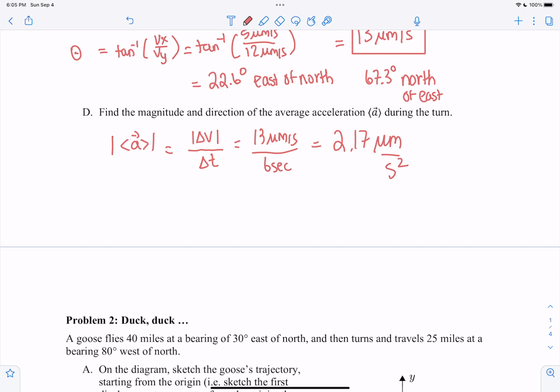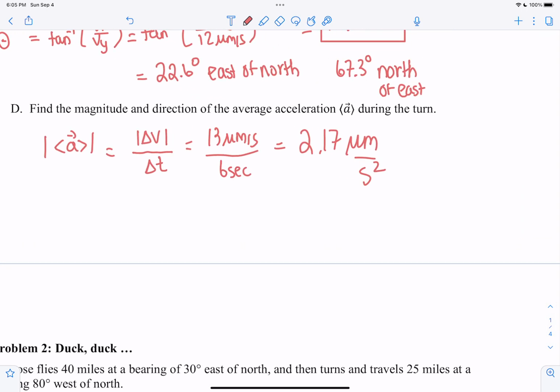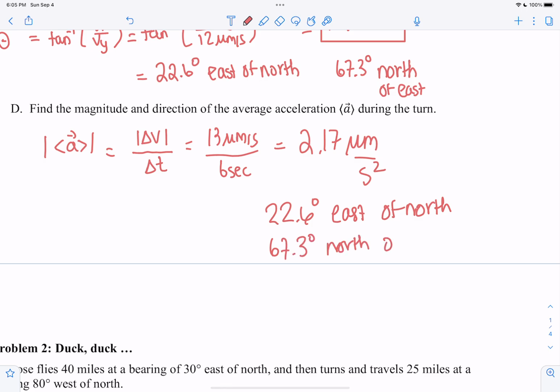But around 2.2 should be the right answer there for the average acceleration magnitude. And then we can say as well that it was 22.6 degrees east of north, or the 67.3 degrees north of east.